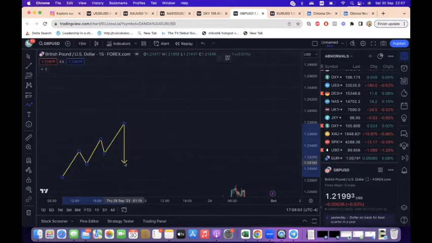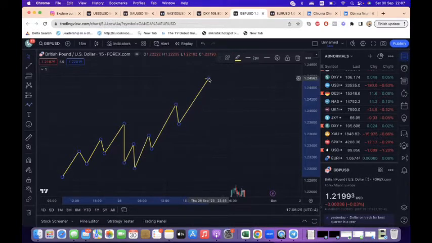We will see that it looks like a CHoCH is about to happen, a change of character or a shift in market structure. And then she does this and actually comes down like she's about to come down, and then takes off again. Oh, this is the most painful thing ever.